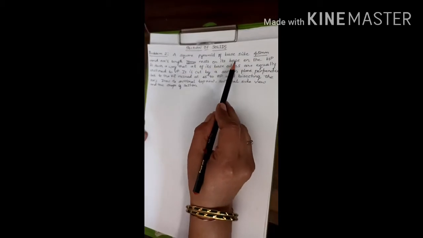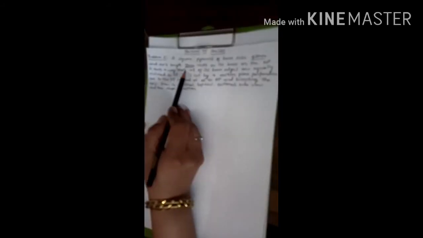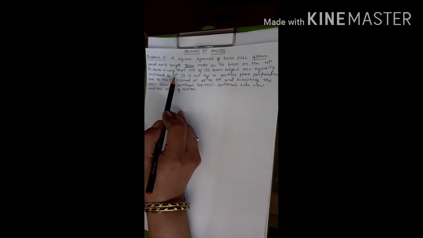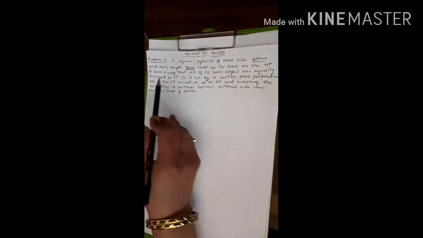It rests on its base on the HP in such a way that all of its base edges are equally inclined to VP. This is the first condition that we have to note.